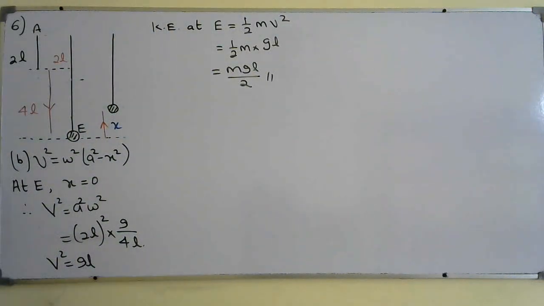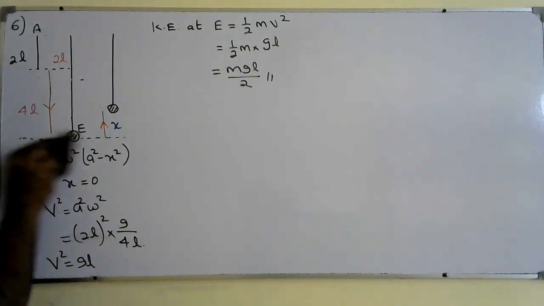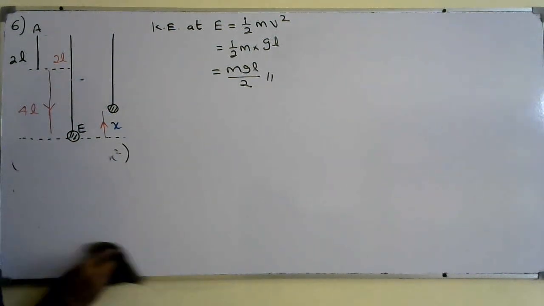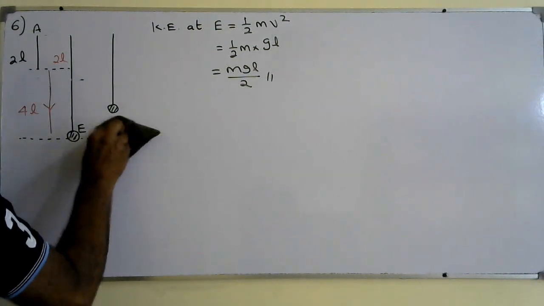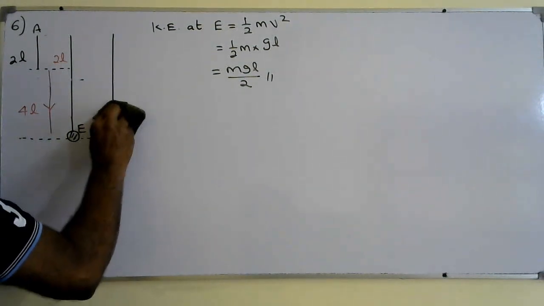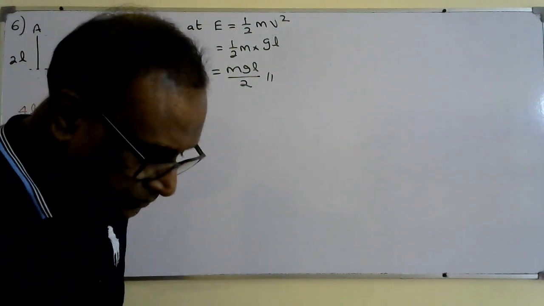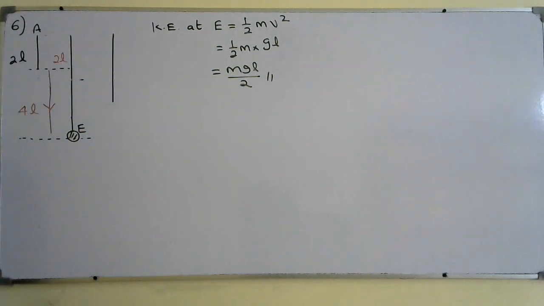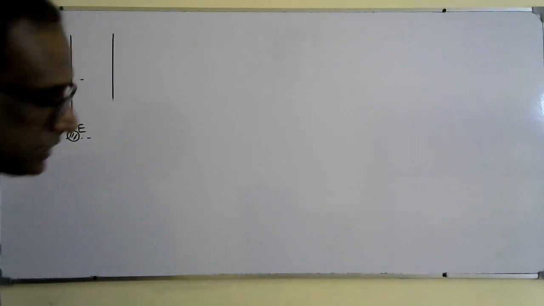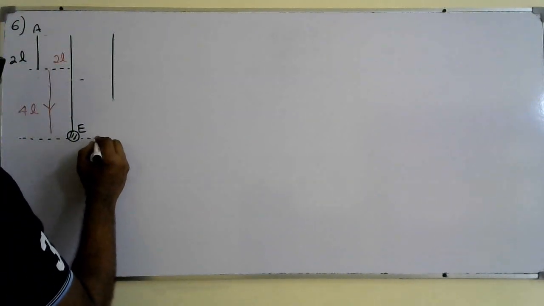Okay, so what will happen when we raise the particle from the equilibrium position through a distance 2L like this? We draw a diagram. Okay, so this is the equilibrium position.